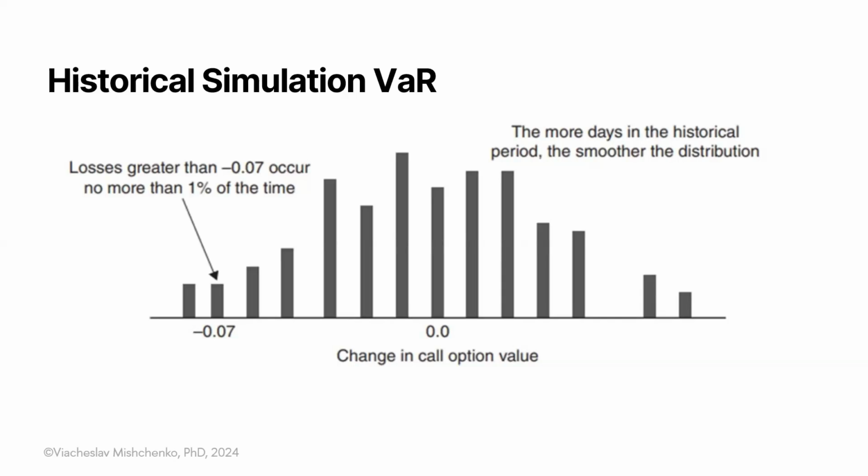This is how it works in practice. Let's say we are calculating a 1 year one day value at risk, for example, using 2 years of historical data. We would apply each of these past 500 or so daily market moves to our current portfolio, generating 500 scenarios of potential one-day returns.